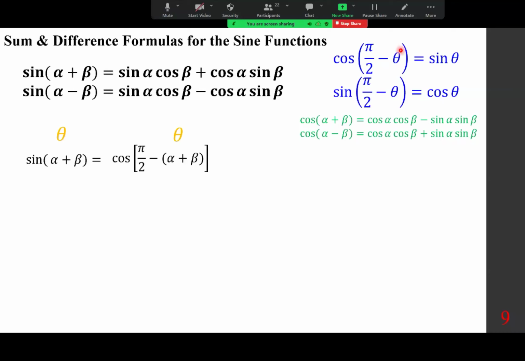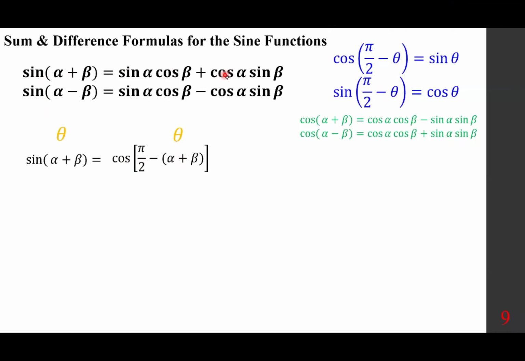So we can write it in this fashion: cosine of pi over 2 minus theta, which is alpha plus beta. And now we are going to work on this and prove that sine of alpha plus beta is what you see. So I hope it's clear to everybody. And as I mentioned, it's very straightforward, everybody.